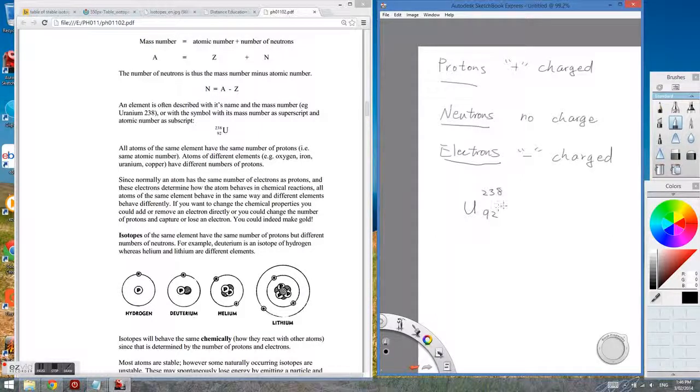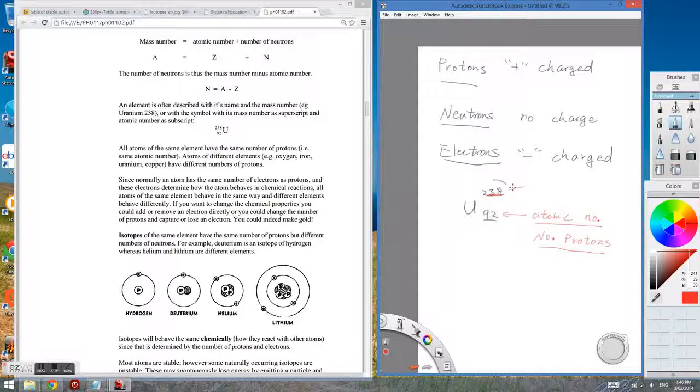So if I tell you I have a box of element which is uranium 238, what does it mean? The 92 here is the atomic number. I just write it down like that. Atomic number tells us the number of protons in the nucleus.